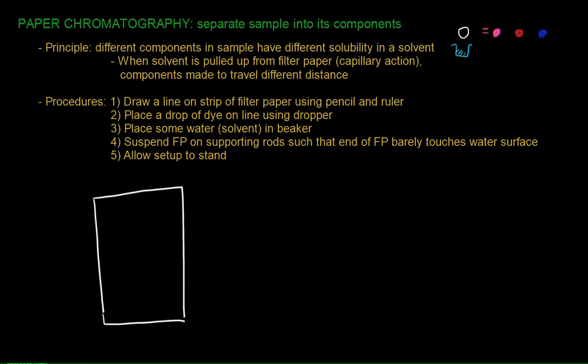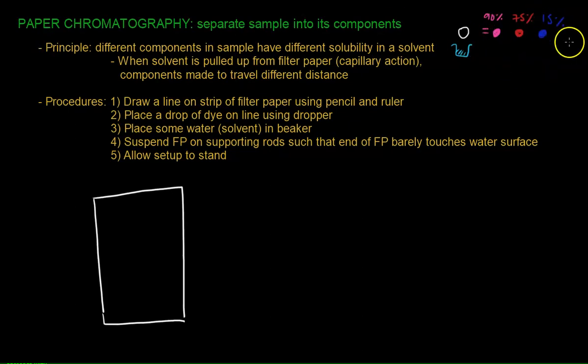For example, the pink one is able to dissolve, say, 90% in water. That means it dissolves very well. The red one is maybe 75%. The blue one, maybe you just put it at 15%.